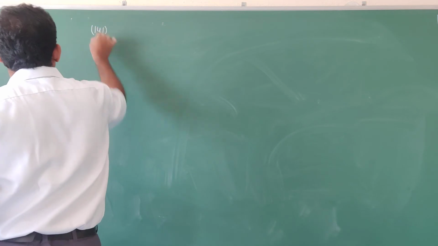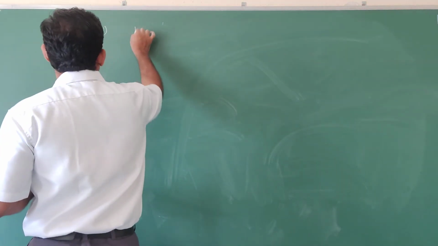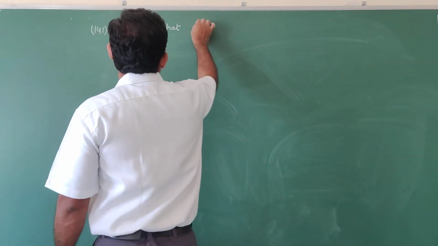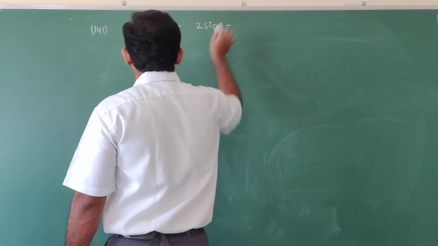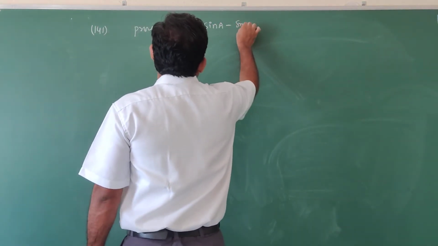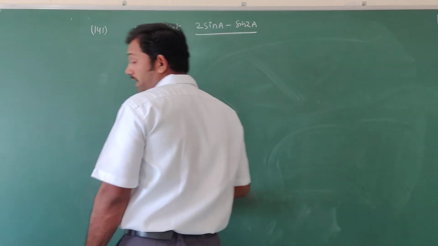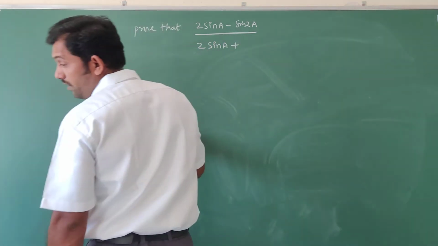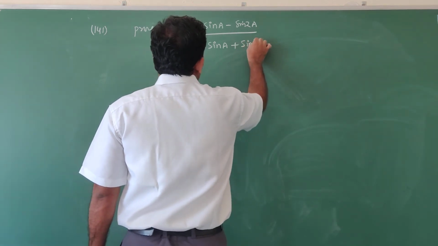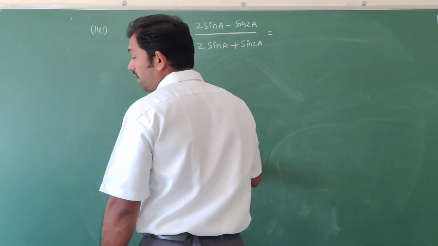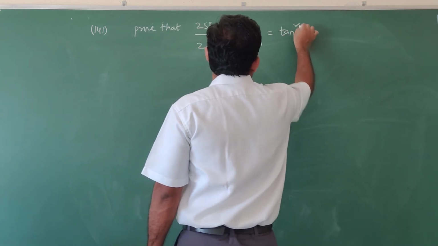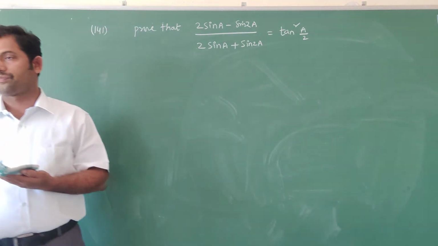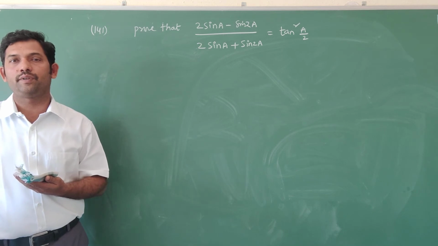Prove that 2 sin A minus sin 2A divided by 2 sin A plus sin 2A is equal to tan square A by 2.